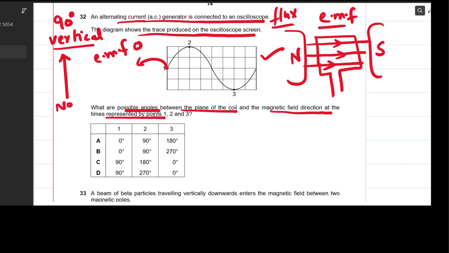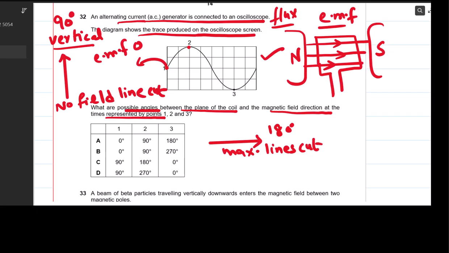At point D it is further rotated 90 degree. It becomes horizontal. This is having angle 180 degree and maximum lines cut. Maximum lines cut. So EMF is maximum.